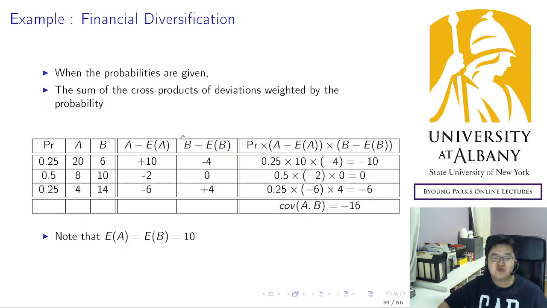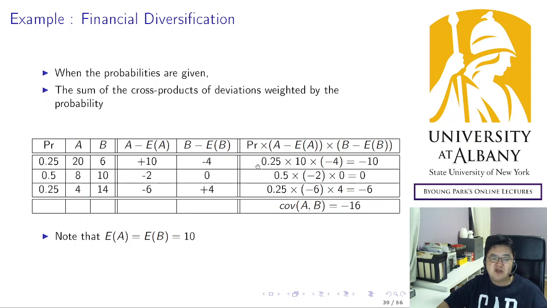Using those two deviations, you multiply them, which is exactly the same as before, but on top of that we also multiply the probability. After computing the cross products, you would add them up, but before adding them up, you have to multiply by the probability weights.